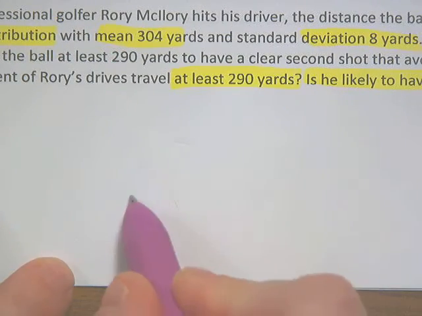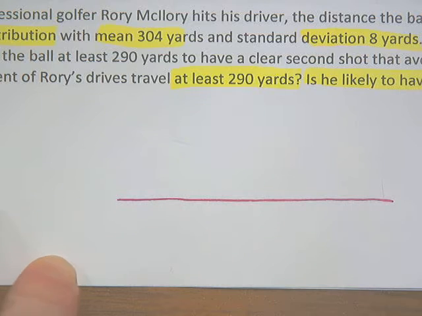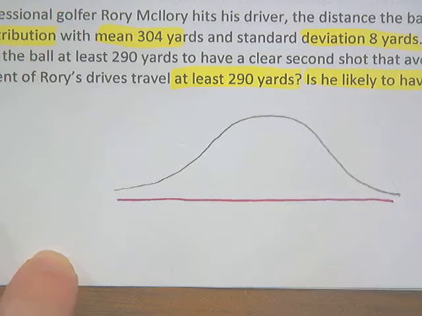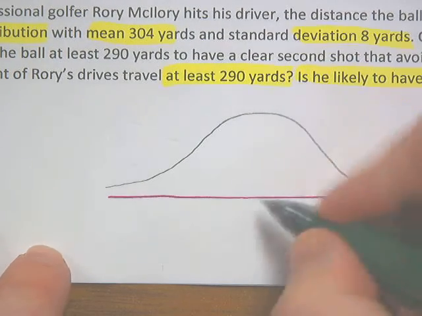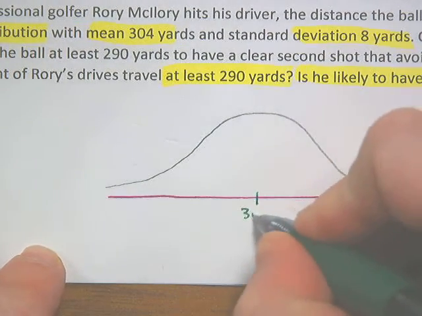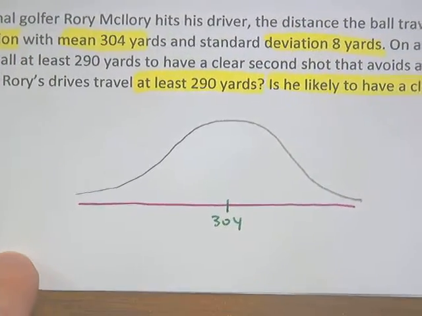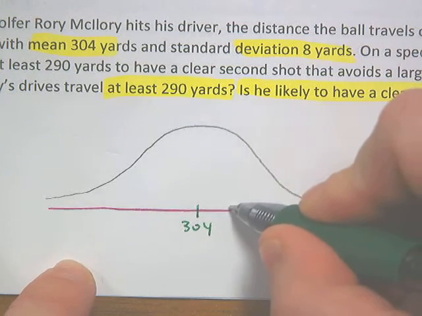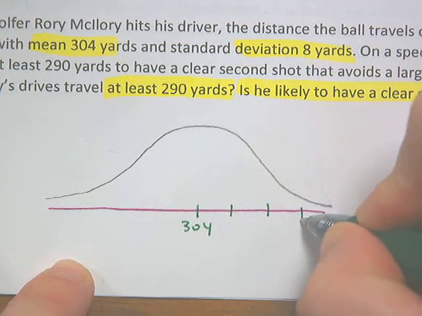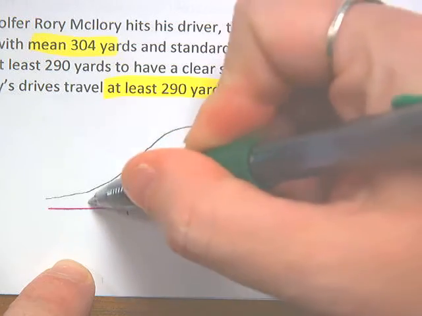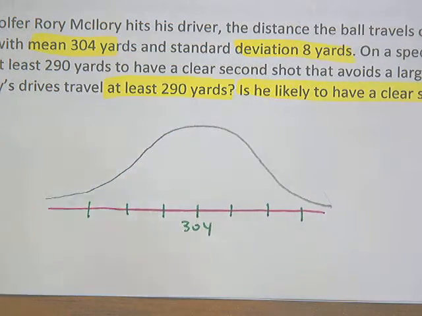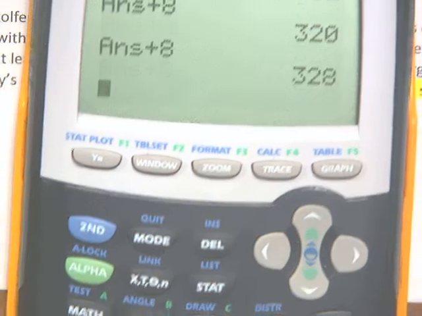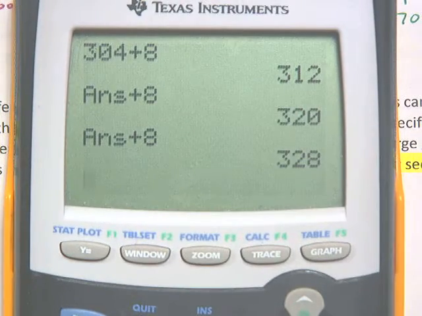Okay, let's draw this picture. Average driving distance for him is 304 yards. Standard deviation is 8. So I just popped those out really fast on my calculator.